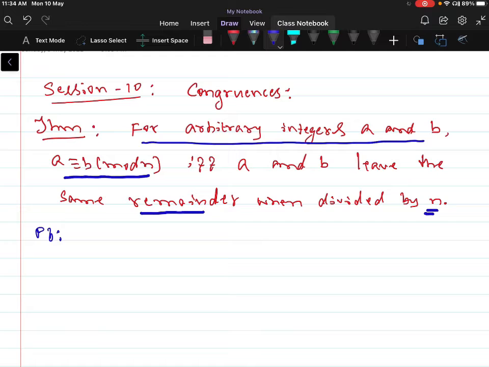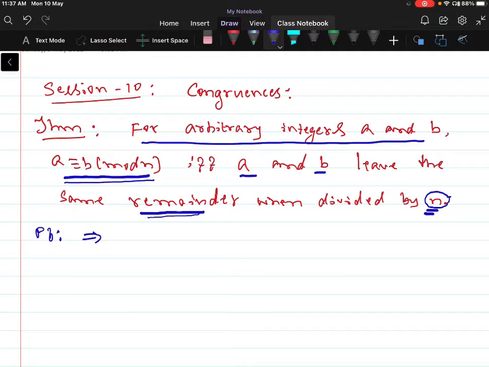Now let us move to the proof of the theorem. First part of the proof. Let us take a is congruent to b modulo n. Then you have to prove that the integers a and b have the same remainder when divided by n.